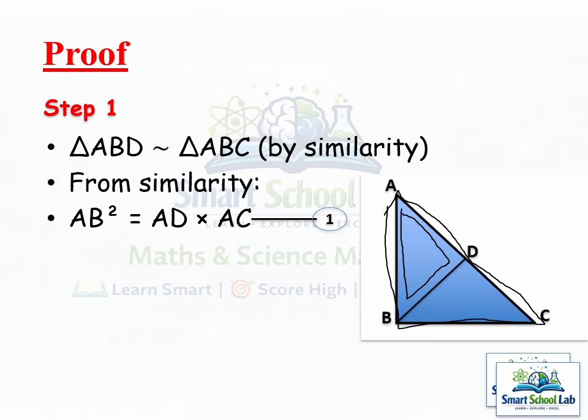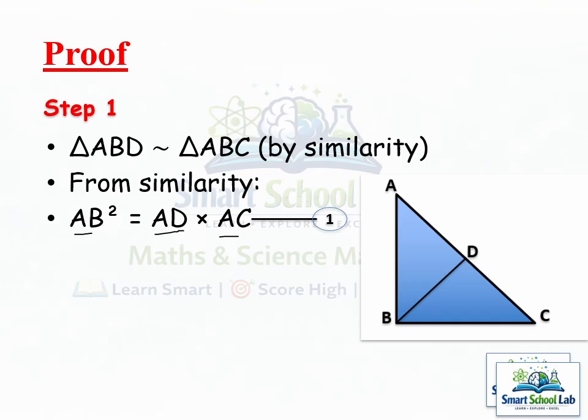Now we can write AB square is equal to AD into AC.